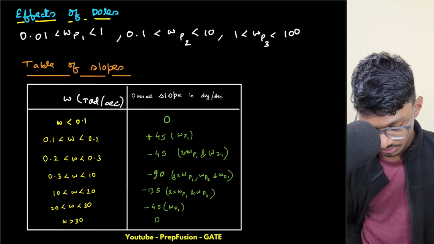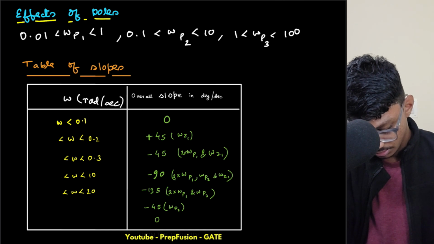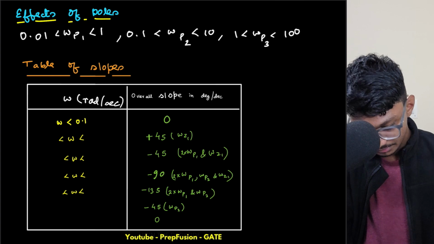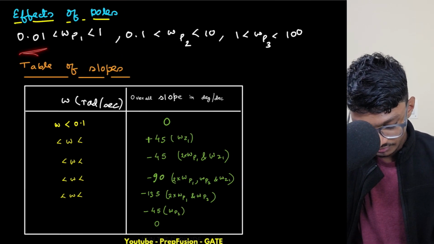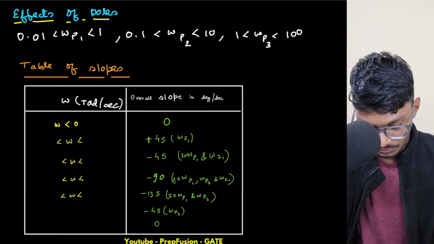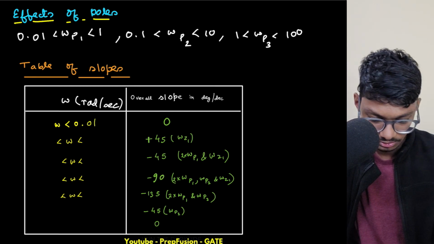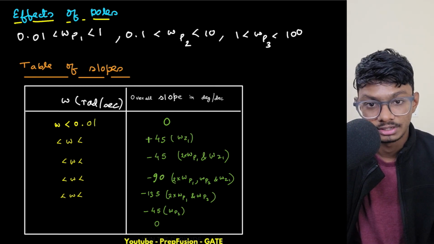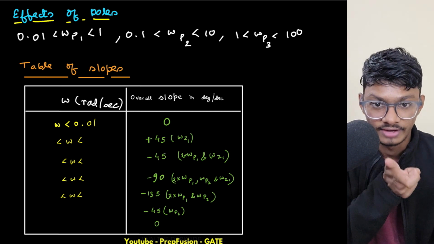Now what are the ranges here? I will delete the ranges, because the ranges will change. First, obviously we'll check for less than 0.001, and there will be nothing. What is the next least value I am getting?